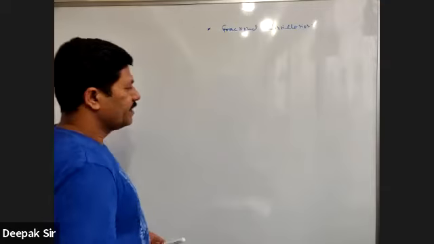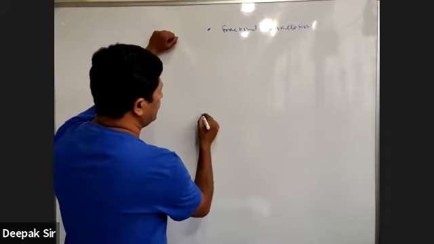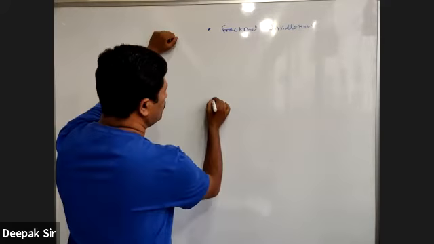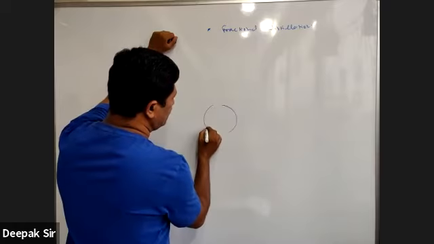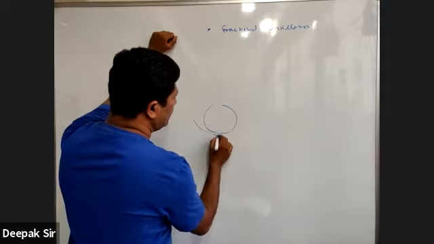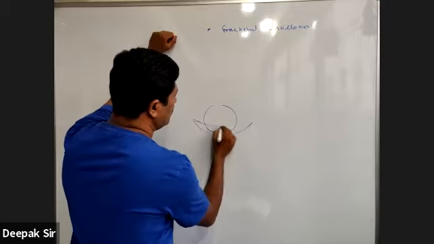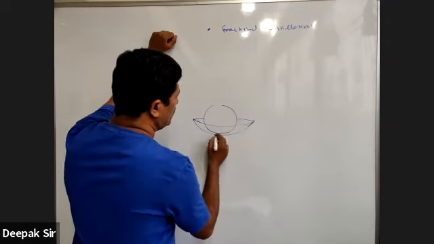Okay, so now see, we can have another diagram. Suppose this is the round bottom flask. This is taken into another container. Suppose this is an evaporating dish.